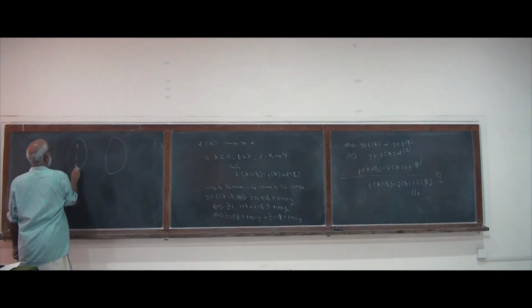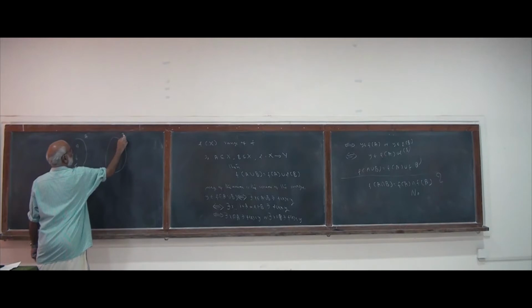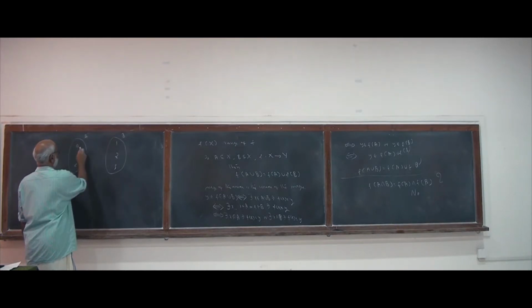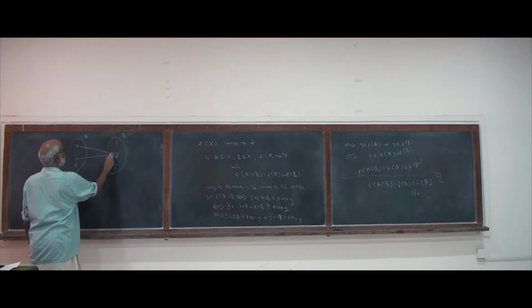Let the set be 1, 2, 3. Suppose A goes to 2, B goes to 2.